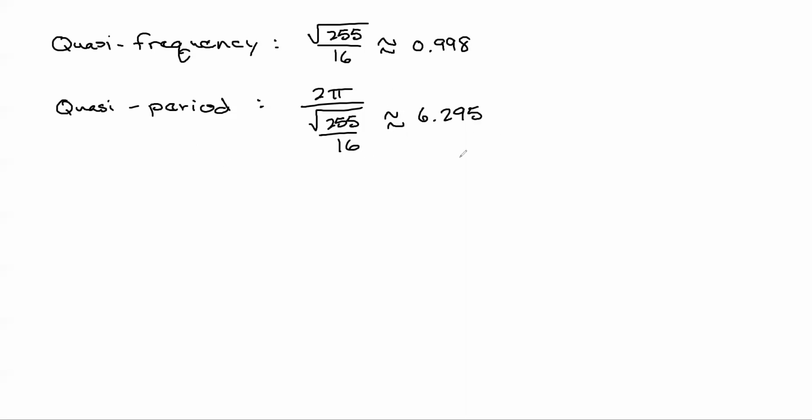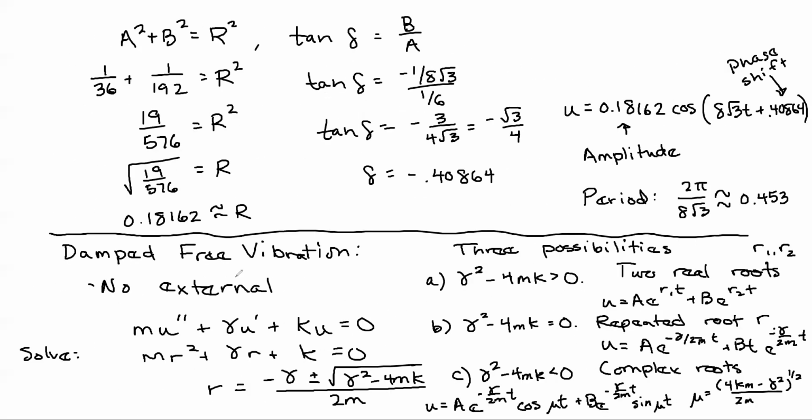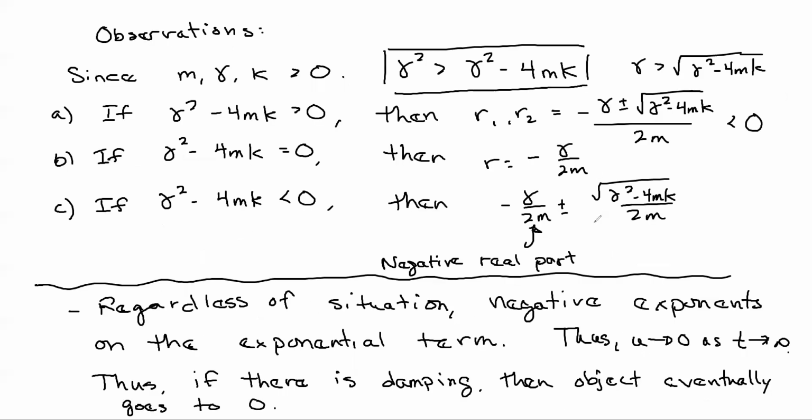Okay, so that explains how to use this second scenario. Let's take one more look at it. The second scenario, assuming we had damping, we have the 3 possibilities. We discussed the possibilities and made some observations. So the damping is going to cause the object to eventually go back to equilibrium.